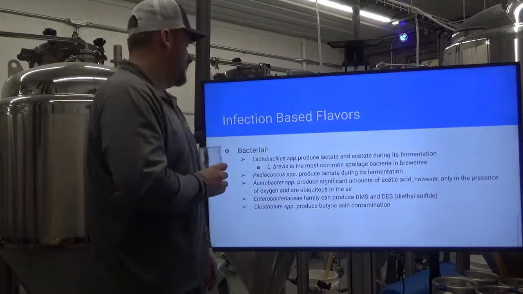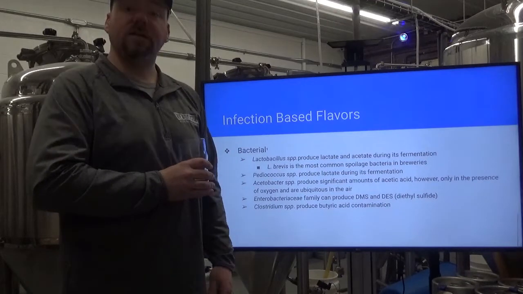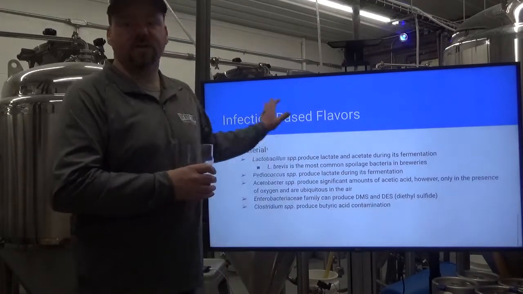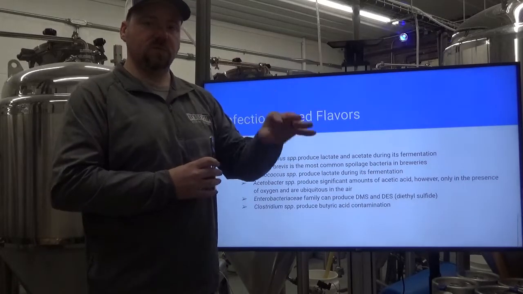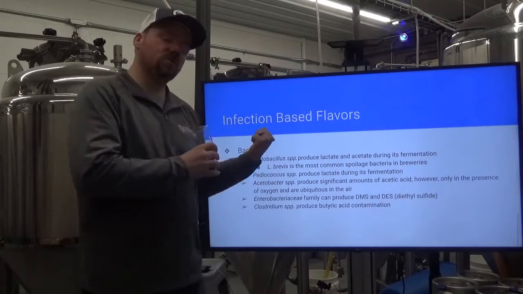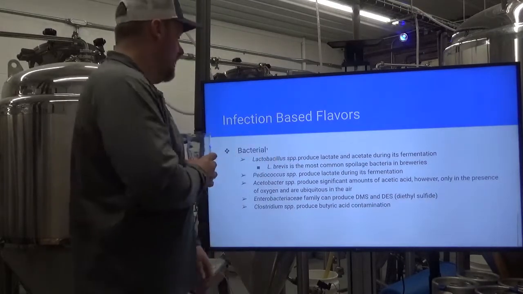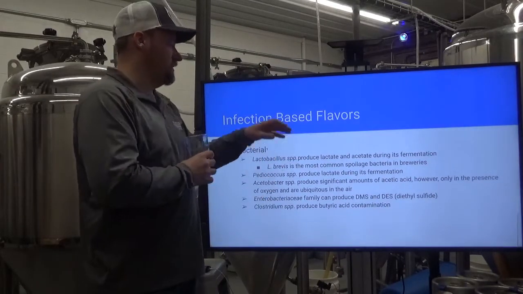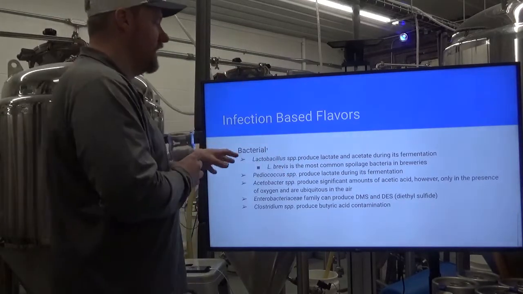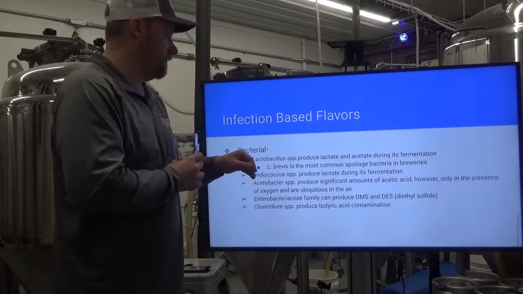Here, then we get to the fun part, infection-based flavors. Everything we want to do is to avoid this, unless you're doing specific sours or wild fermentation. So, first source we're going to look at is bacterial. Lactobacillus species will produce lactic acid or lactate and acetic acid or acetate during its fermentation.